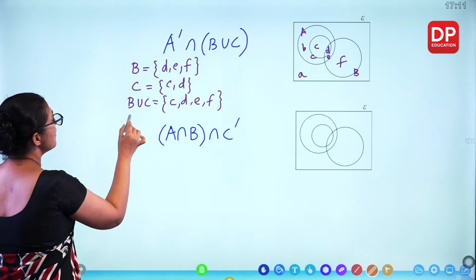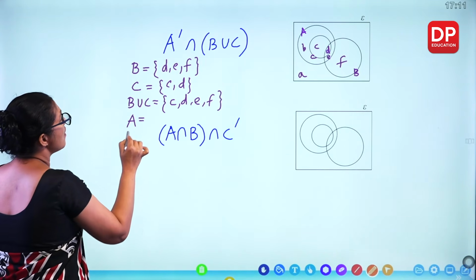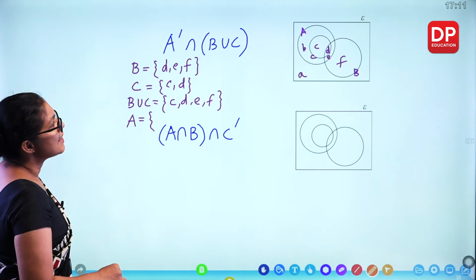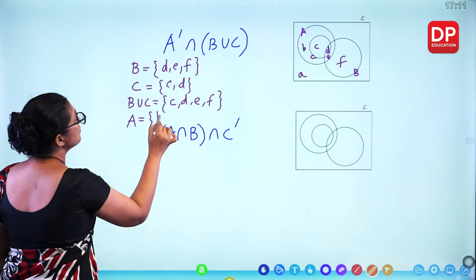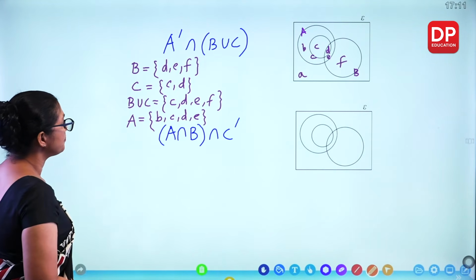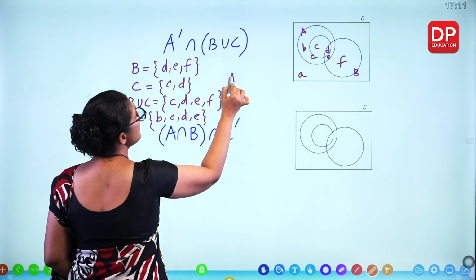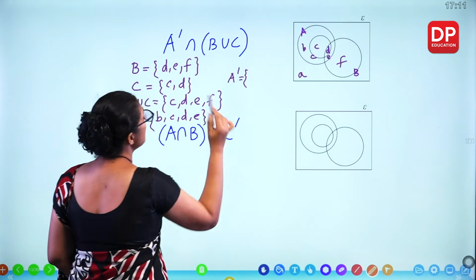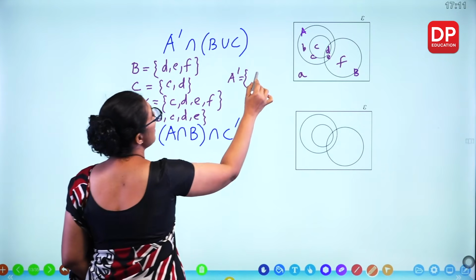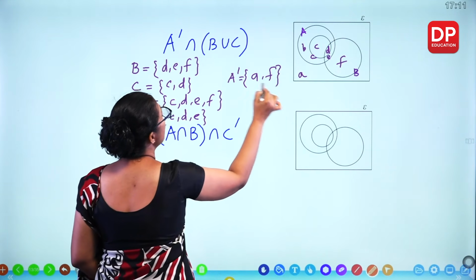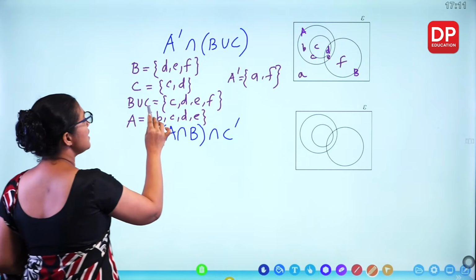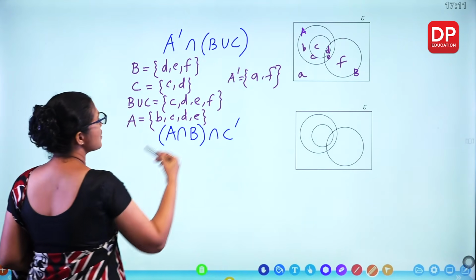What's A? A is B, C, D, E. So what is A dash? A dash is everything outside that. A dash is A and F. Now we can write down common region to B union C and A dash.